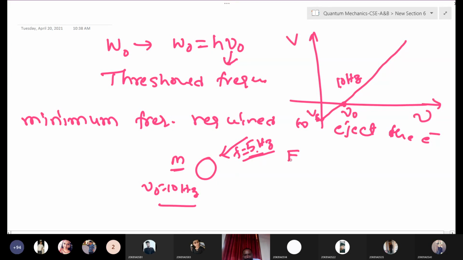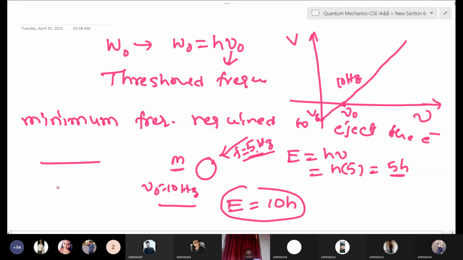If you calculate energy, E is h nu, where h is some constant. Here the energy is 5h, but the energy needed here is 10h. So this 5h is not sufficient to eject the electron because the metal has a higher work function.